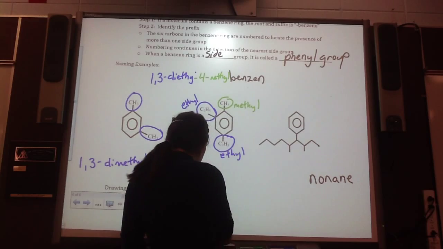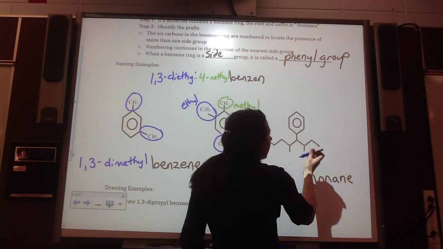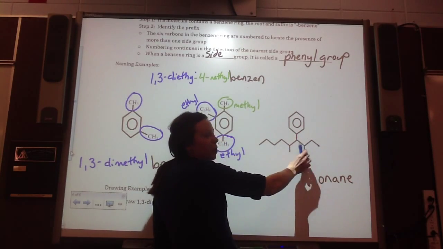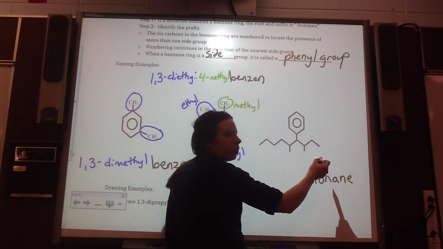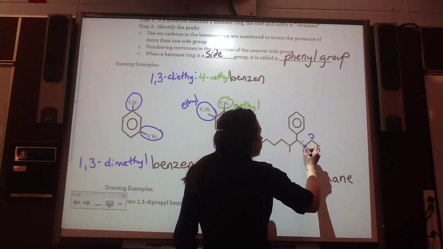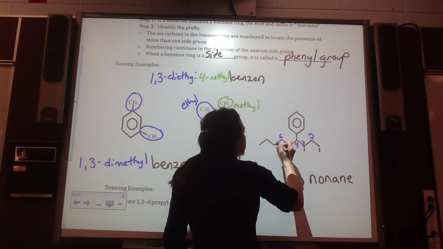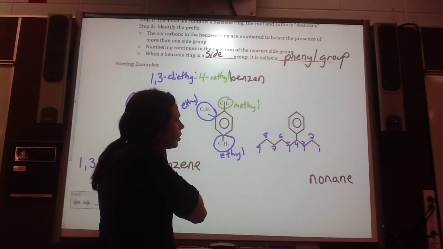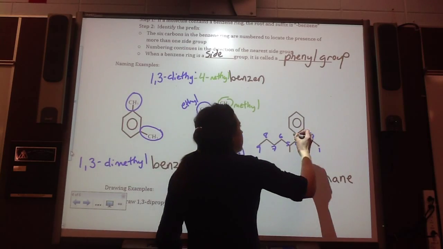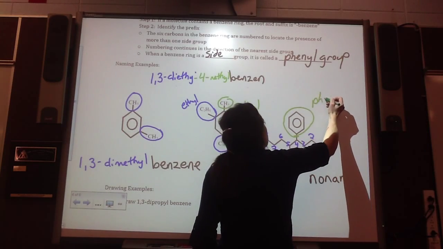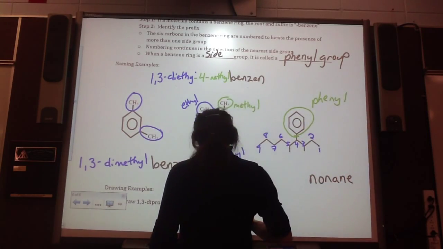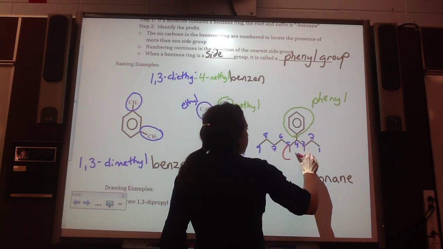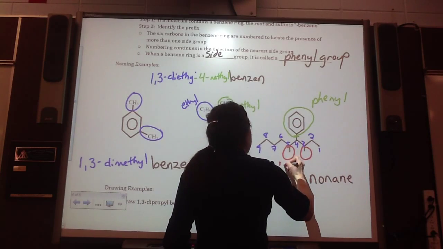Now I'm going to count from right to left because I can see everything's kind of grouped on this side of the chain. So 1, 2, 3, 4, 5, 6, 7, 8, 9. Okay. So I have here a phenyl group, and here are 2 methyls.